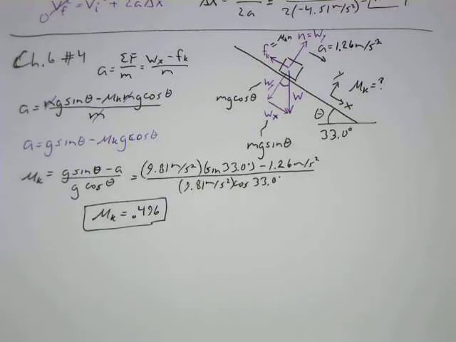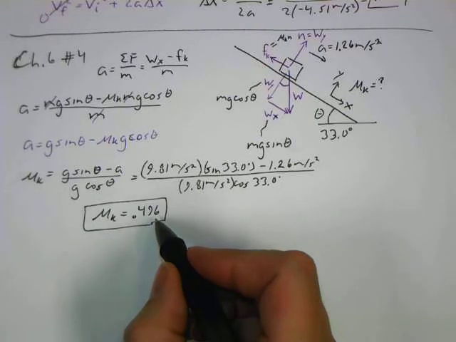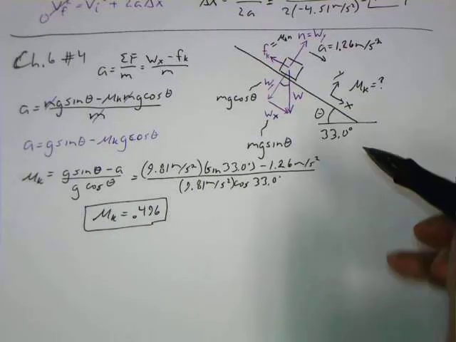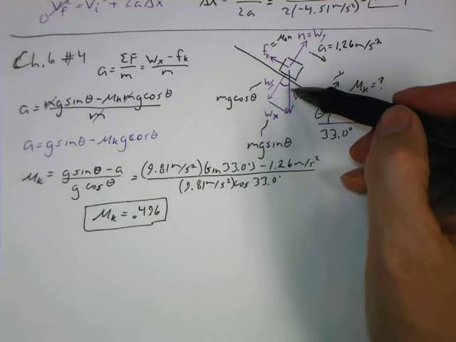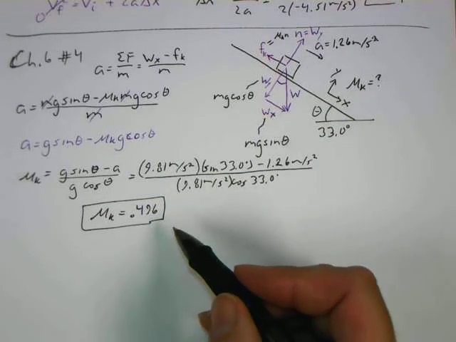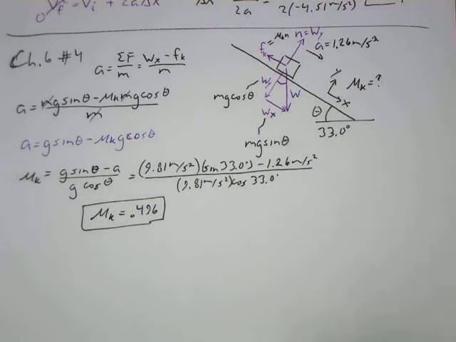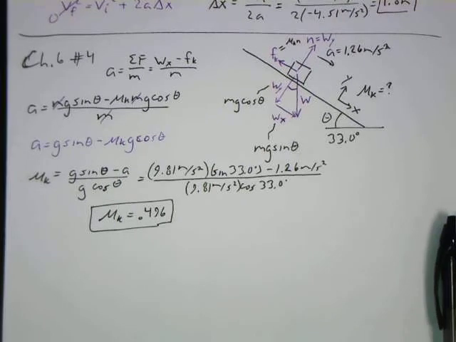In other words, if I was on a flat surface, I would have to push the girl, based on the material that she's wearing and the material that the slide's made out of, with a horizontal force which was 49.6% of her weight, to get her to move at a constant rate. That's another way of looking at it, and that's really what coefficient of kinetic friction means.